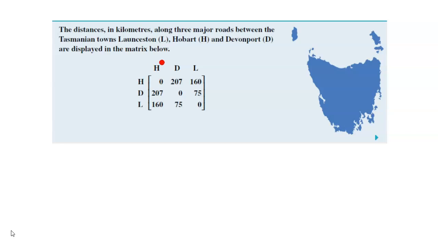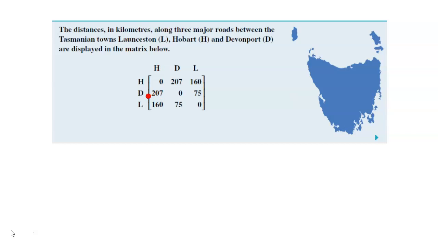From Hobart to Hobart, 0 distance. Makes sense, doesn't it? They're the same place. But from Devonport to Hobart, it's 207 kilometres. From Launceston to Hobart, it's 160 kilometres.